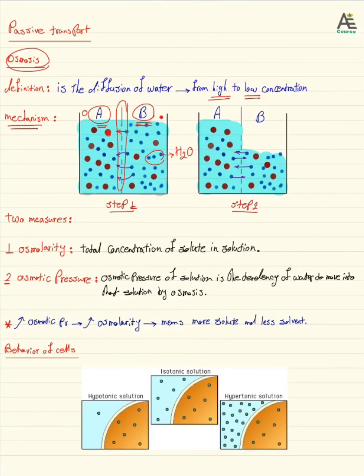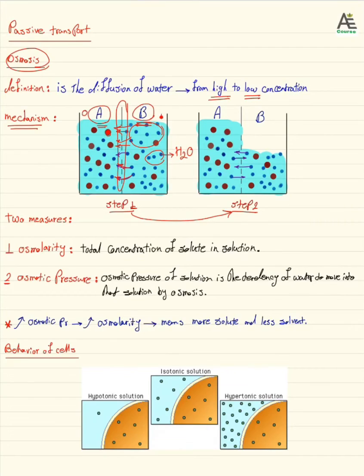And water must pass from this region through the membrane to the other compartment, which is compartment A. And in step two, you see that water moves through the semi-permeable membrane and moves to compartment A.